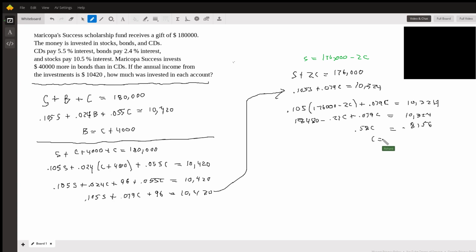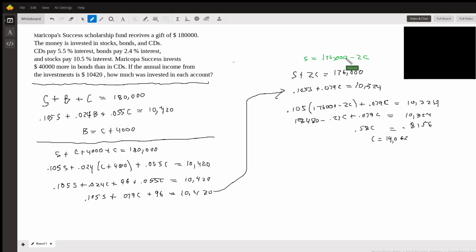And so c is going to be this thing, 8,156 divided by 0.58. It's going to be 14,062. So that's kind of a weird thing. You could invest that amount in CDs, but it's kind of an odd number, so I suspect I might have made a mistake somewhere along the way.